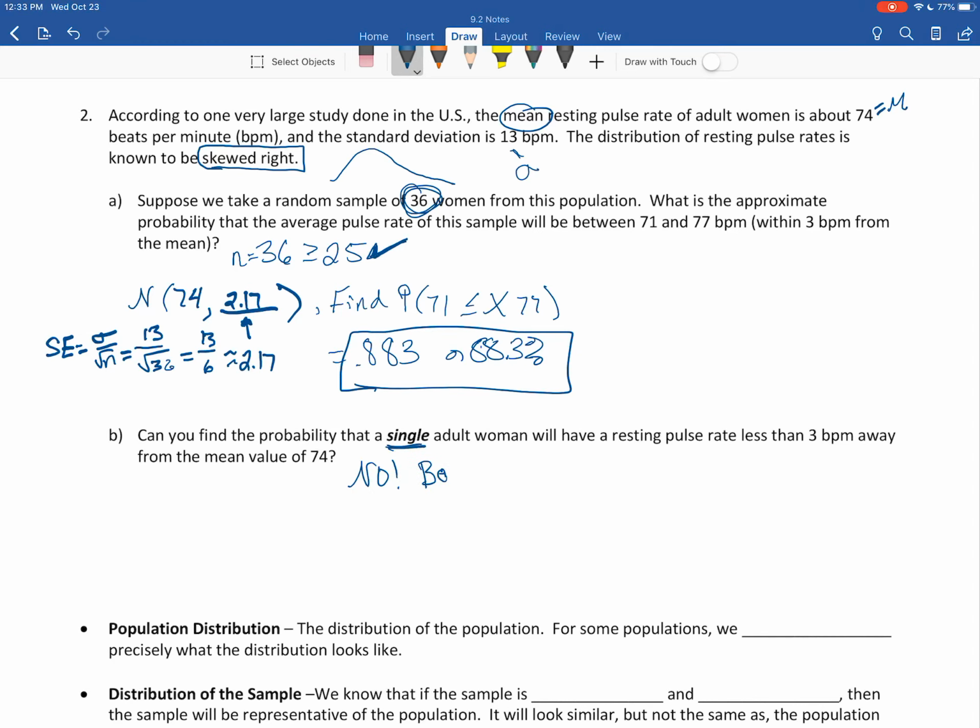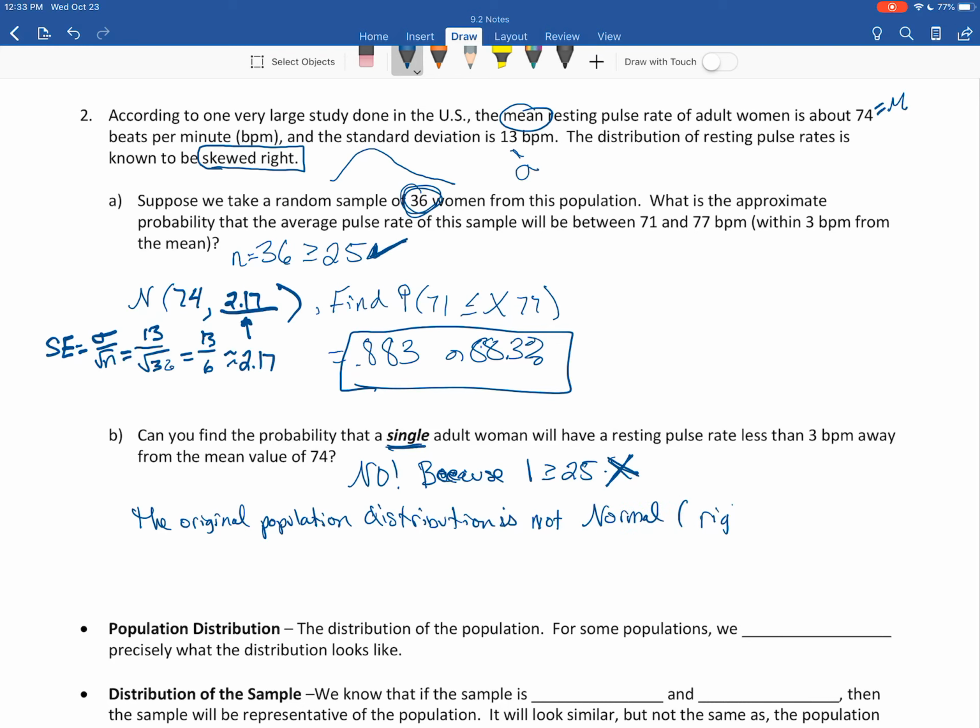Because a sample size of 1 is not greater than 25. The original population distribution is not normal, right?